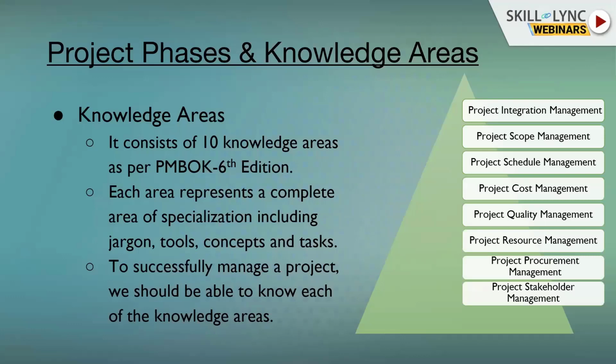However they are involved with the project, we can understand that. To successfully manage a project, we should be able to know each and every one of the knowledge areas. So that is the brief description of project stakeholder management.